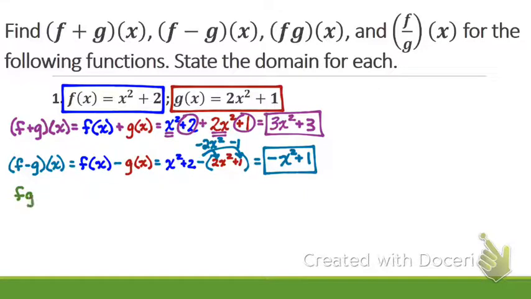For the product, we're going to multiply f and g together. Since f and g are both binomials, what do I need to do? What's this going to look like? I have x squared plus 2, and that's going to get multiplied to what? 2x squared plus 1.